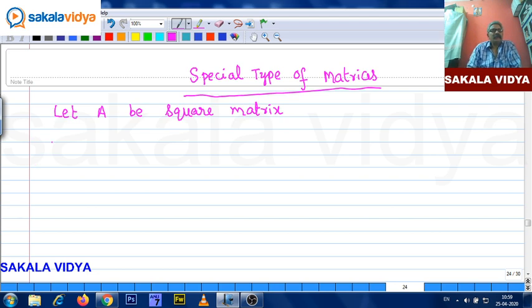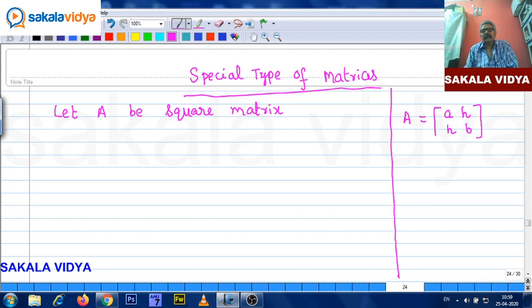So first concept is, see, consider this example now. Say A equals AH HB. Now find what is A transpose. What is A transpose here?